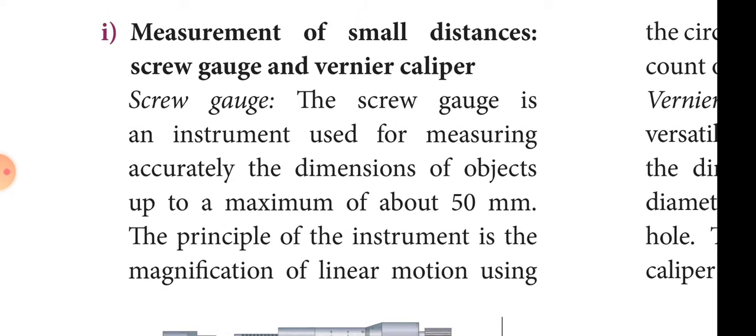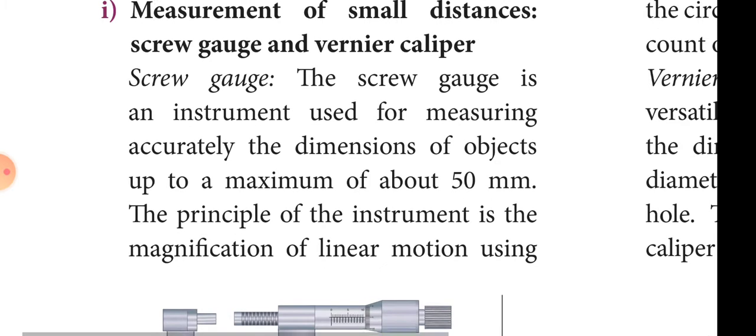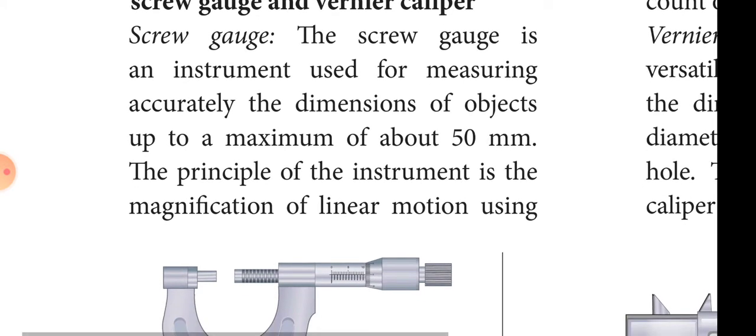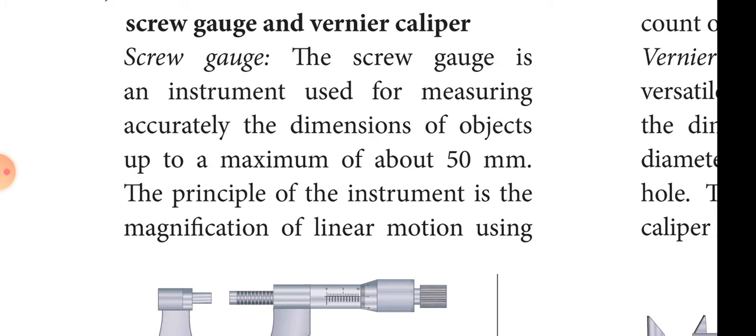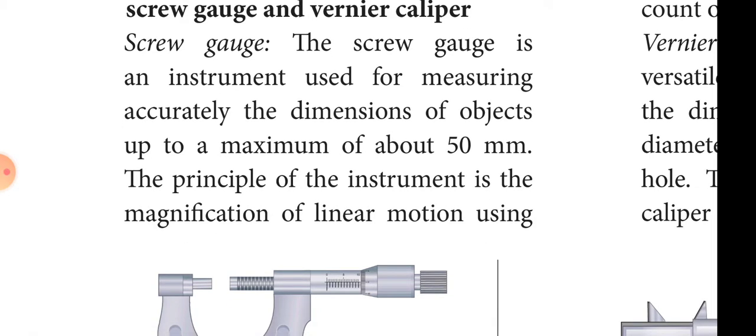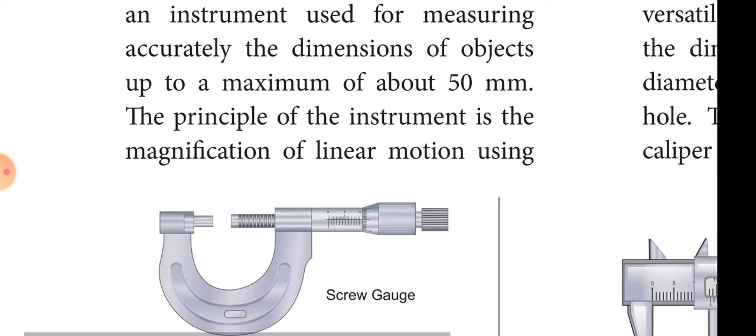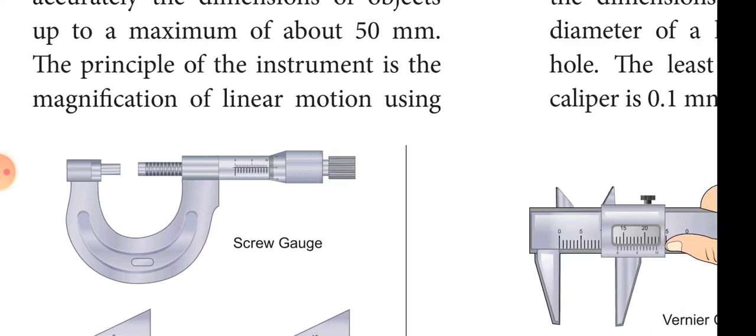So the question asked is: explain the use of the screw gauge and vernier caliper. We can draw a simple diagram, state the least count of the screw gauge, and explain how we can accurately see the view of the objects.